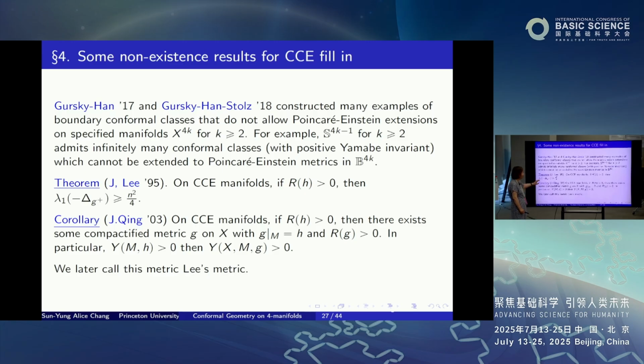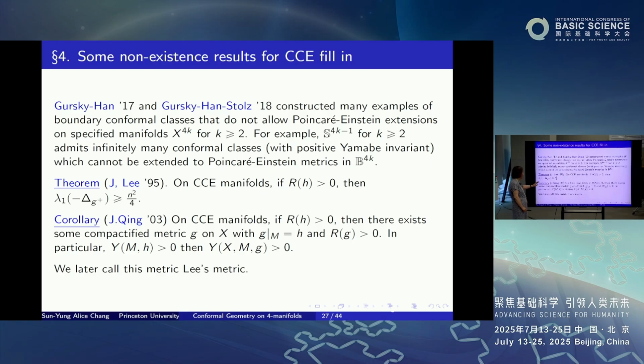There is a work of Mazzeo and Melrose, who says in the AH setting, I will later mention it, lambda 1 could be less than n squared over 4. But in this case, when the boundary scalar curvature is positive, and from the positive boundary, then lambda 1 is greater than n squared over 4.